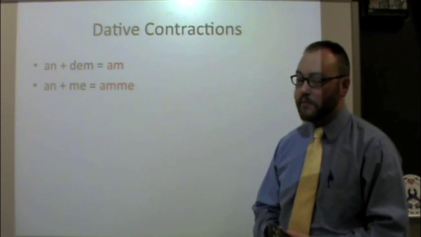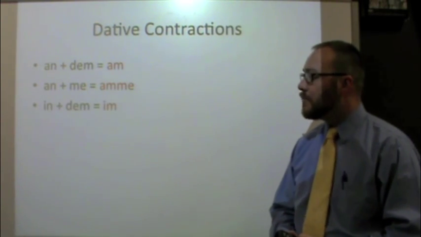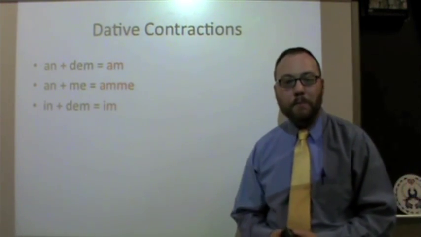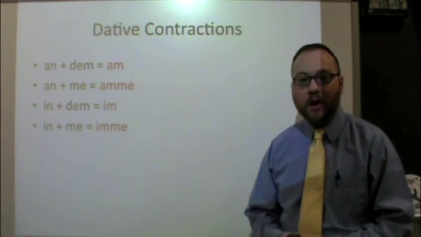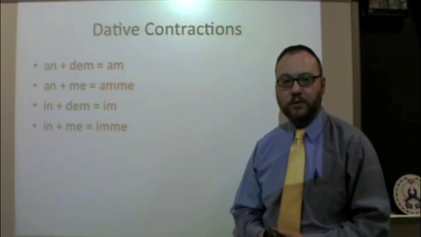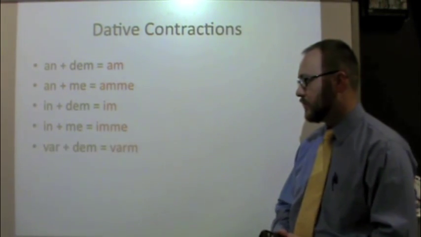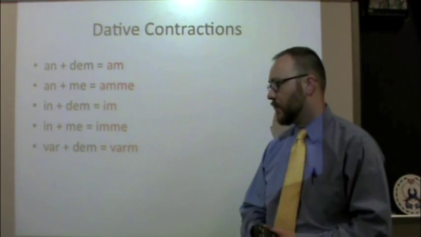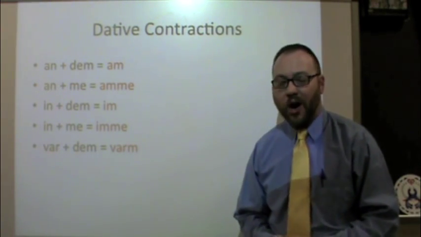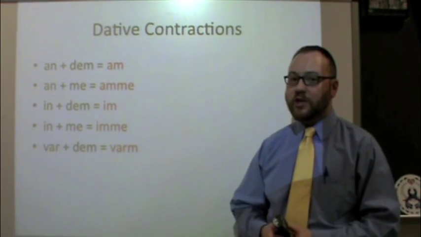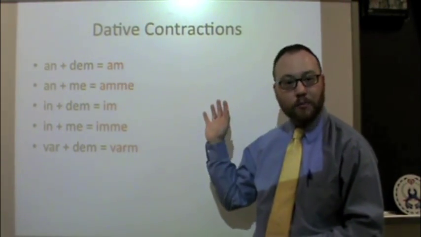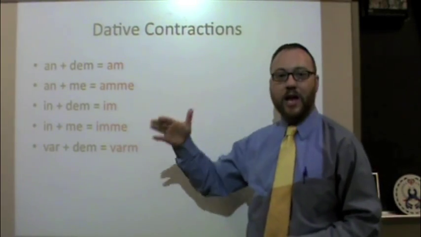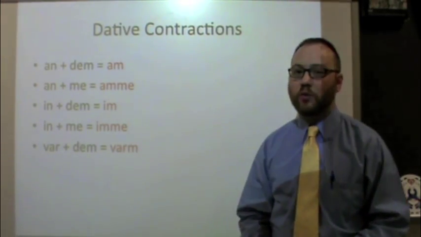Note, that's pretty different. In plus dem, im. In plus me, imme. And far plus dem, farm. You don't have to use the contractions. It's perfectly okay to say an dem, whatever. But I'm also letting you know that you can say the contractions. So either one works.